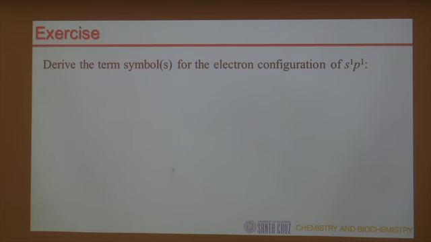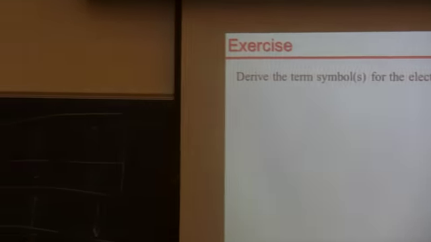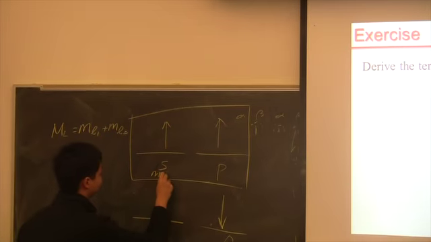To derive that, the first thing is to find the ML. ML equals ML1 plus ML2. What's the ML for the S orbital? 0.